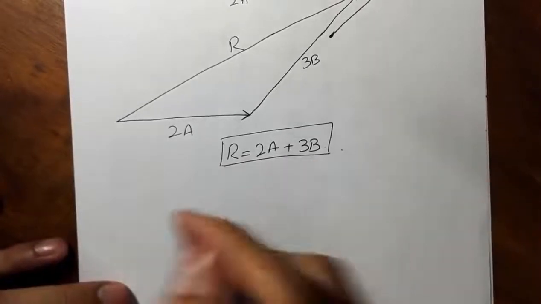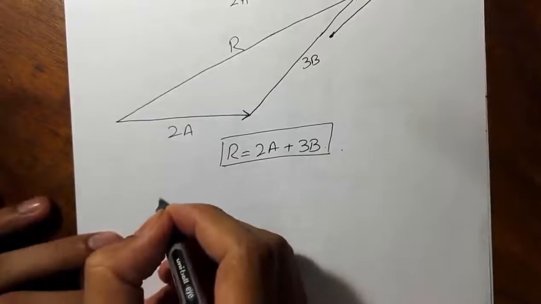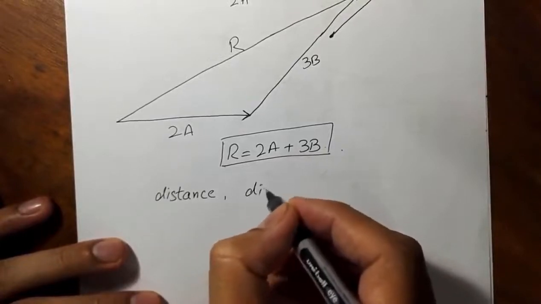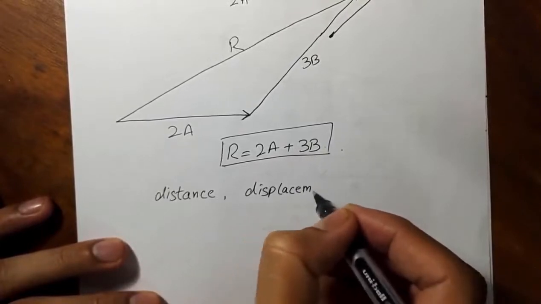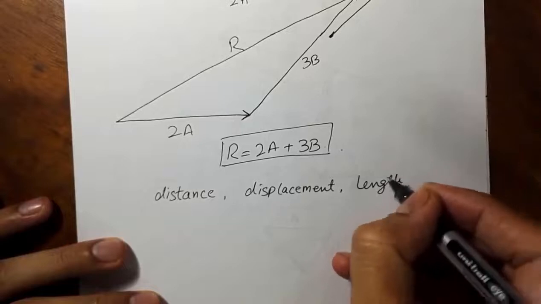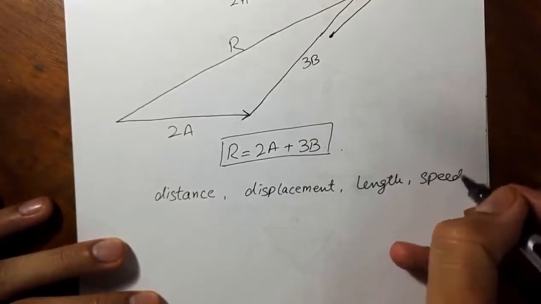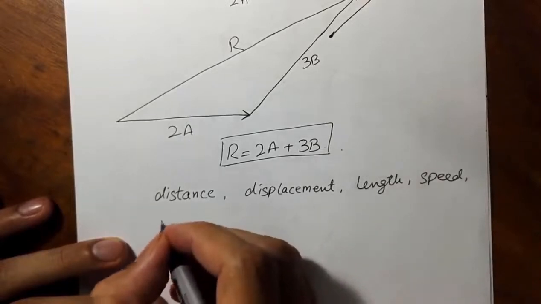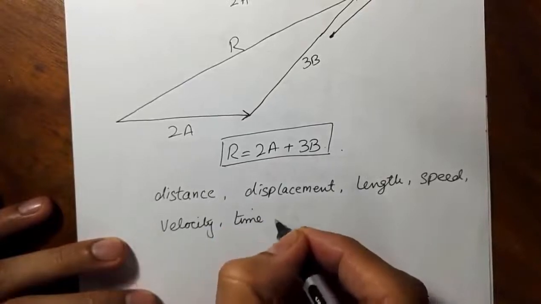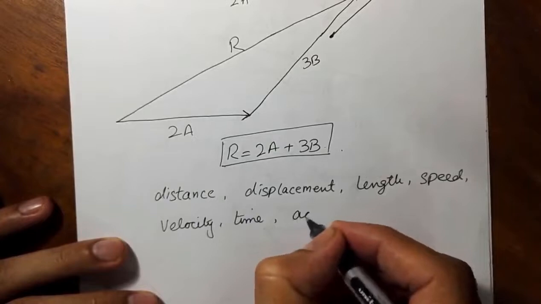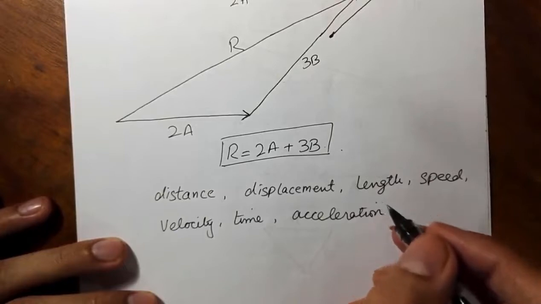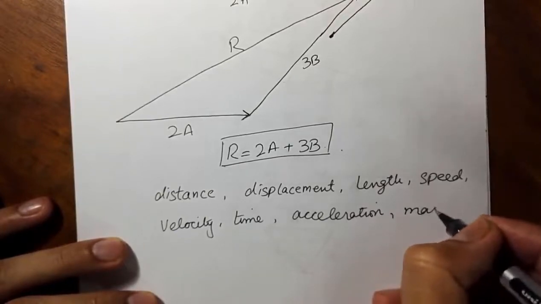So I'm going to write some physical quantities: distance, displacement, length, speed, velocity, time, acceleration, mass, and force.